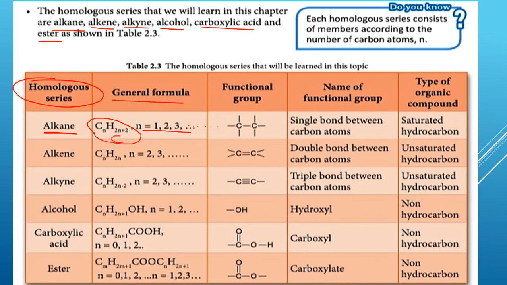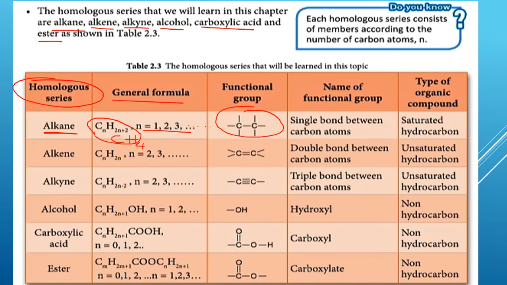For example, if the n here is 1, we have CH2n, 2 times 1 is 2, 2 plus 2 is 4. So CH4. Alright. So this is the functional group of alkane: carbon and single bonds.